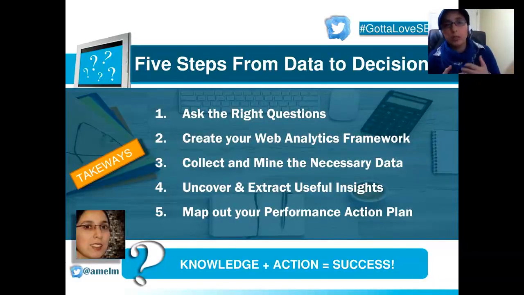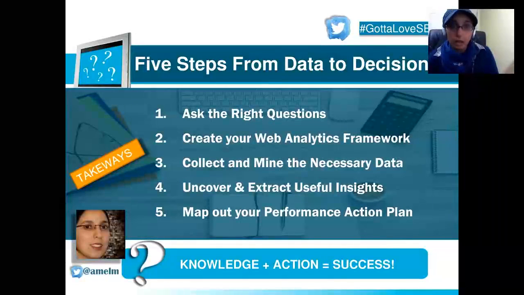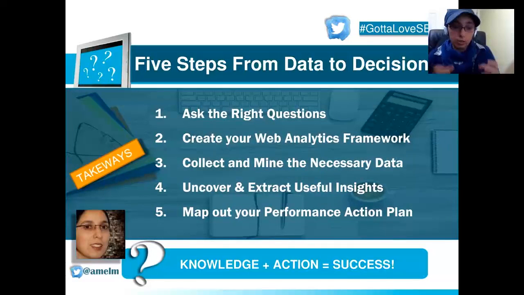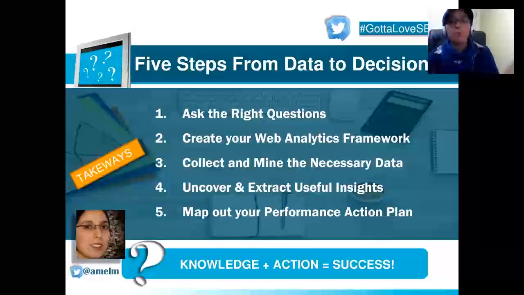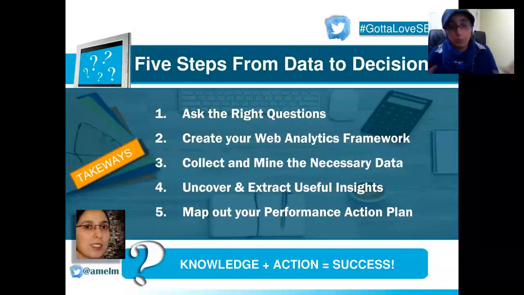So don't go and mine data that doesn't really help you. Just focus on the data that matters the most to your objectives, goals, and business overall. And fourth, uncover and extract useful insights. As I said, once you are gathering all this data, looking at it, asking the right questions, then what next? Next is really to get insight, extract insight, and finally map out your performance action plan, which is really a performance campaign.